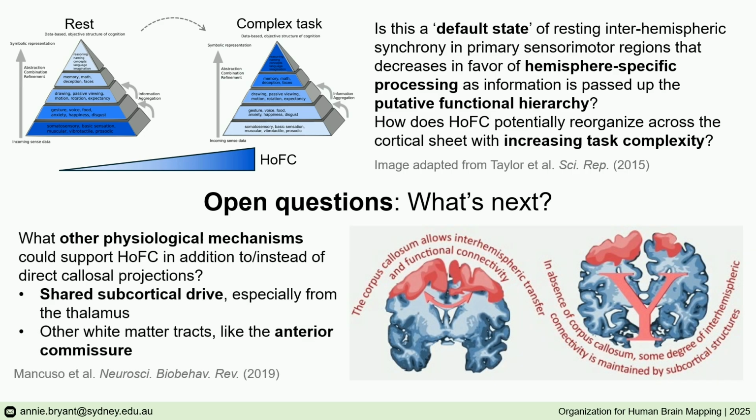And I also very much want to explore other candidate physiological mechanisms, particularly shared subcortical drive, since homotopic coupling could plausibly arise from either direct monosynaptic communication, or entirely independently via shared thalamic afferent connections, or some combination of the two.